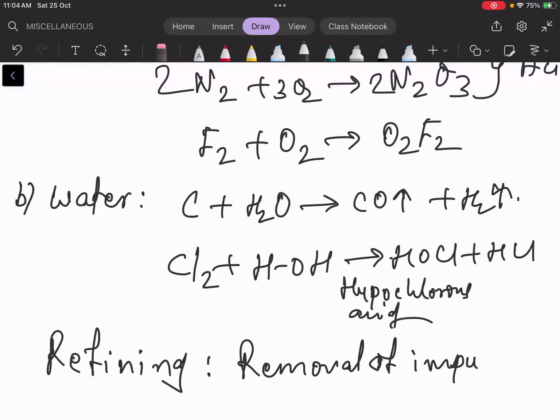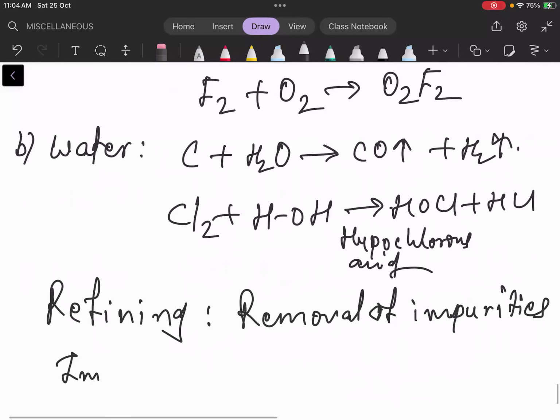What is an impurity? An impurity is a substance which, when present in a trace amount, changes the properties of the main substance. That is called an impurity.